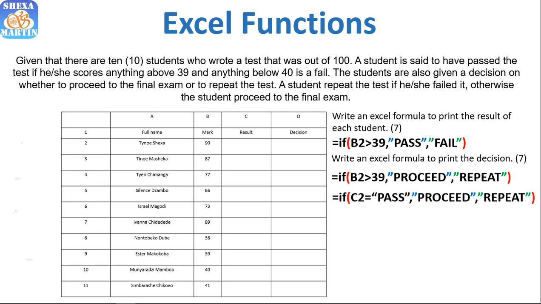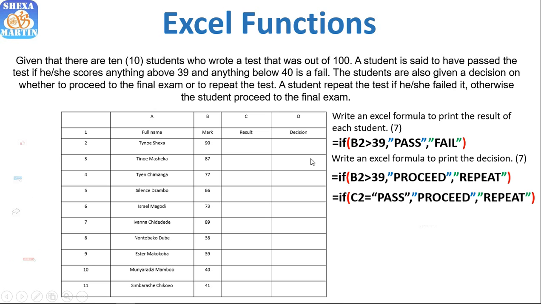So never mind if you got a formula which is different from whoever's formula. What is important is the correct output. Right, so I think we are done with this one.